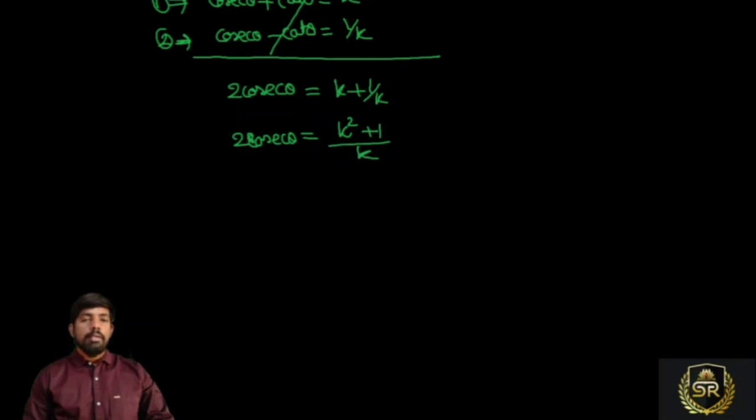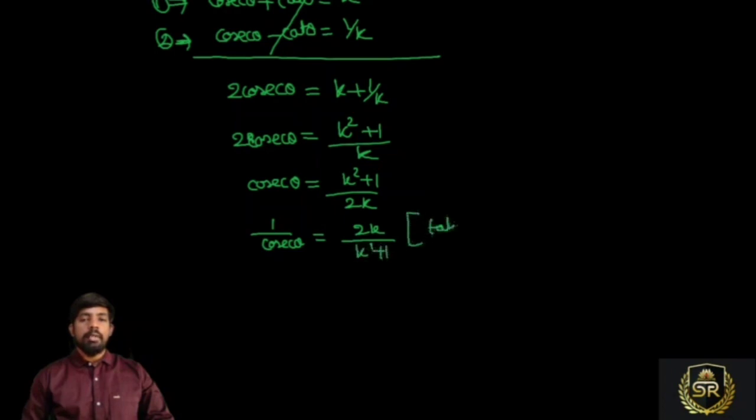Now send the 2 to the right hand side, you will get 2k. Cosecant theta is equal to k square plus 1 by 2k. If I take reciprocal, cosecant becomes 1 by cosecant: 1 by cosecant theta is equal to 2k by k square plus 1. Take reciprocal.